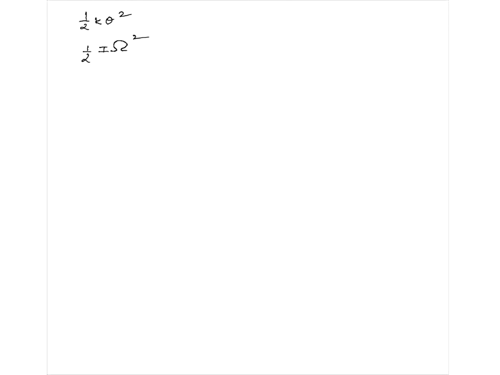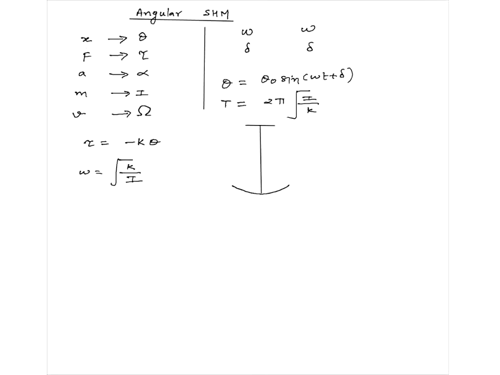Total mechanical energy, sum of these two. And we know that the total mechanical energy in linear SHM is half k a square. So here it should be half k theta naught square. So easy if you follow this approach, synergy approach.